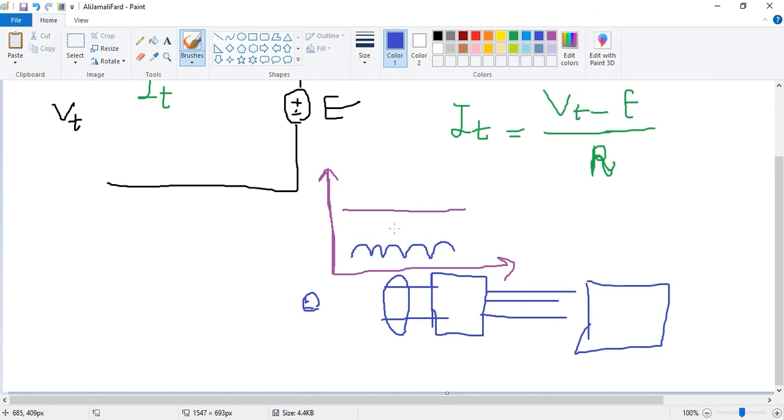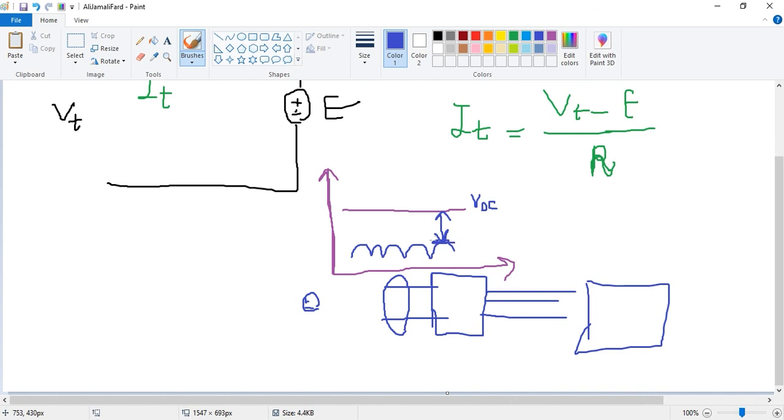So the back EMF of a BLDC motor should be such that I am able to inject current into the motor to generate torque, right? So this is the DC voltage, and this is the back EMF.